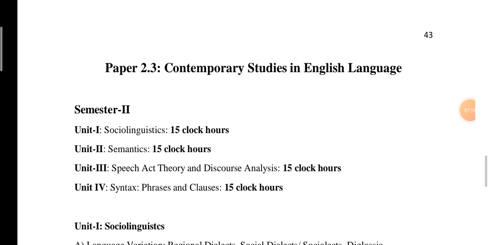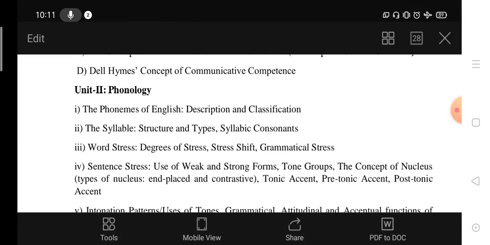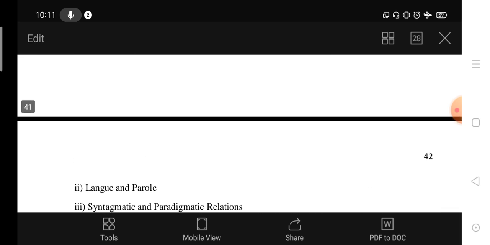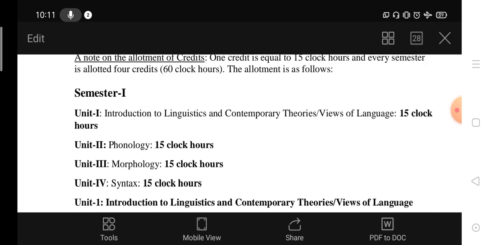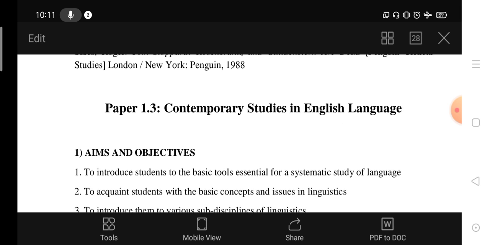Then the next paper, paper number 1.3, is Contemporary Studies in English Language.